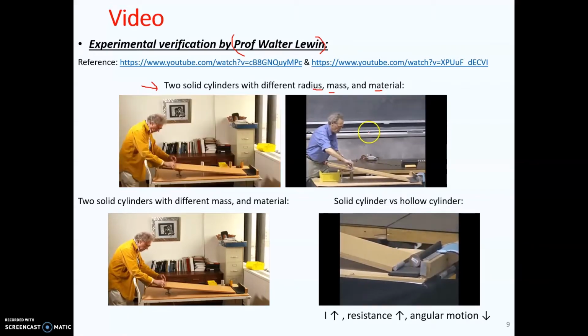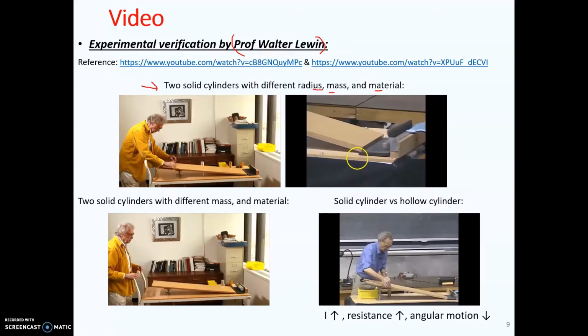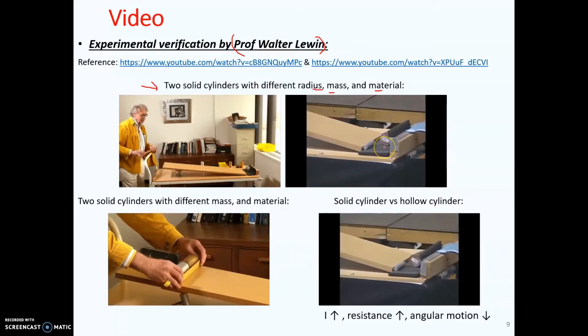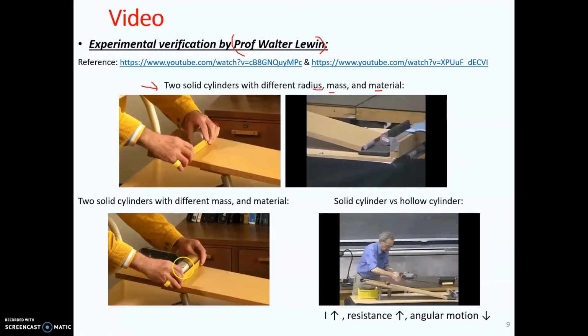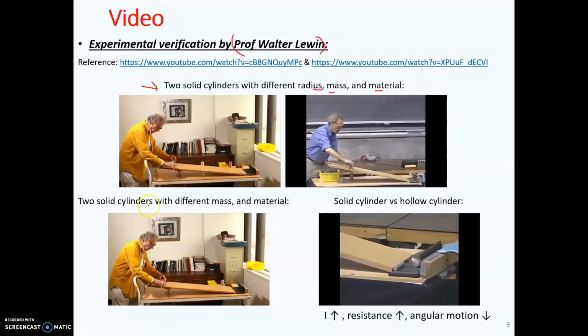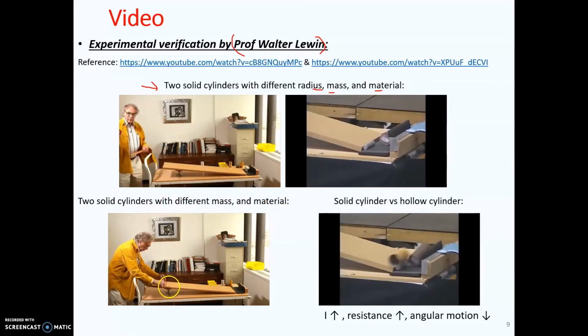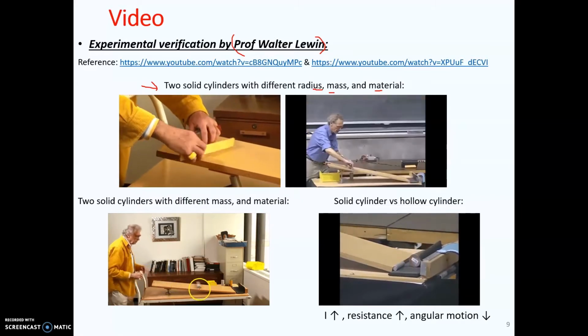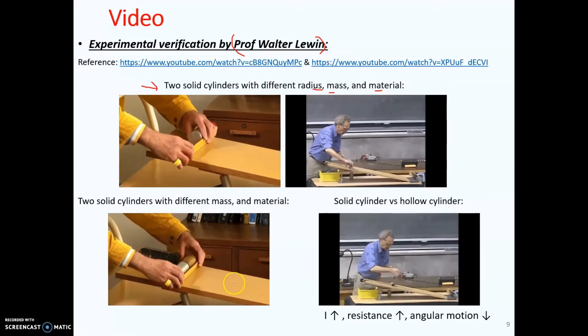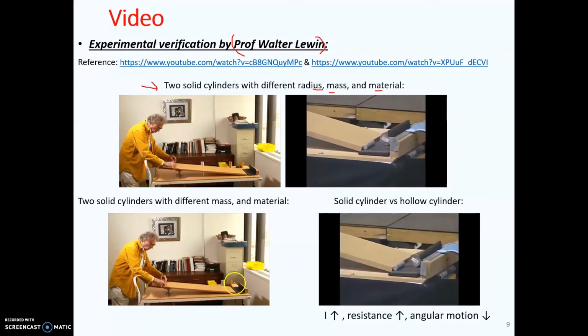This video also demonstrates the same purpose, where both of them reach the ground simultaneously. How about two solid cylinders here with different mass and material, but the radius is the same? 3, 2, 1. So both of them reach the ground at the same time.